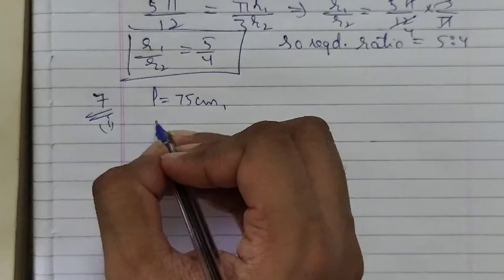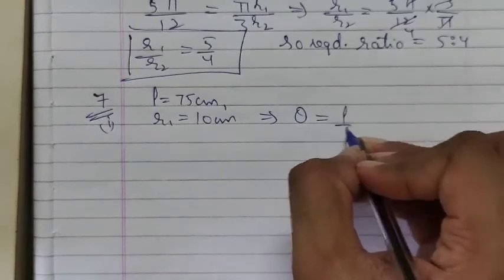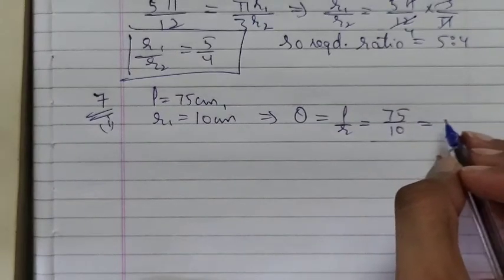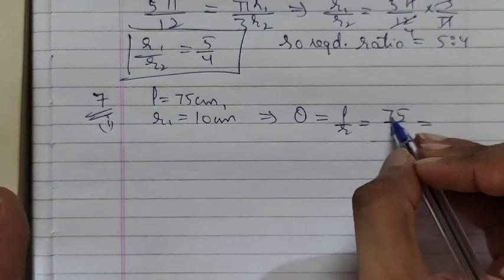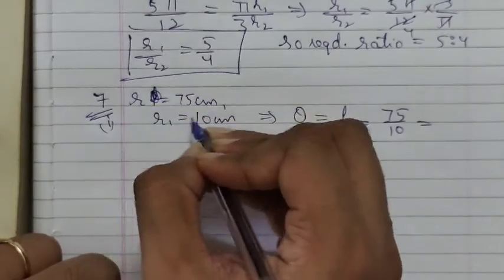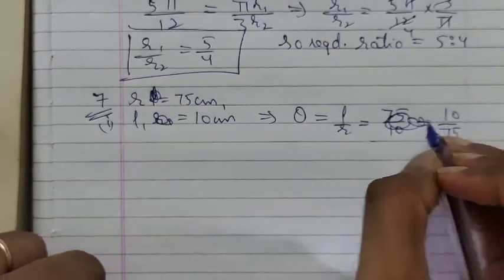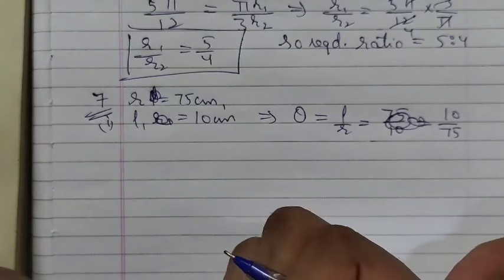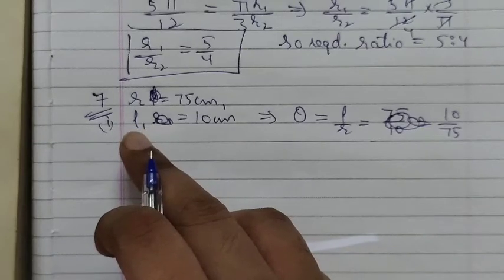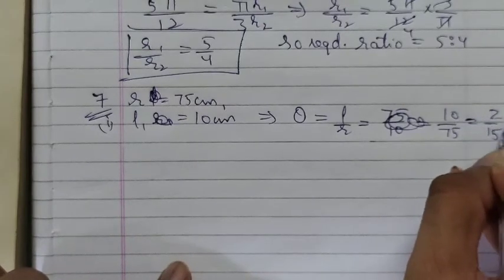First part, the arc length is 10 centimeter, so theta is equal to L upon R. The length of the pendulum means the radius is 75, and the tip describes an arc of length 10 centimeter, so this will be 10 upon 75, which is 2 upon 15 radian.